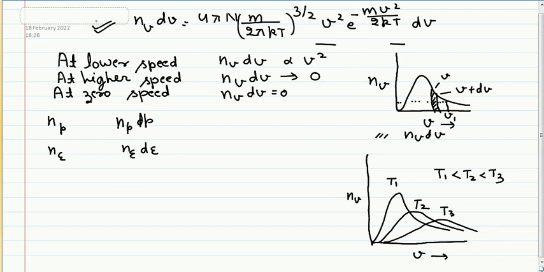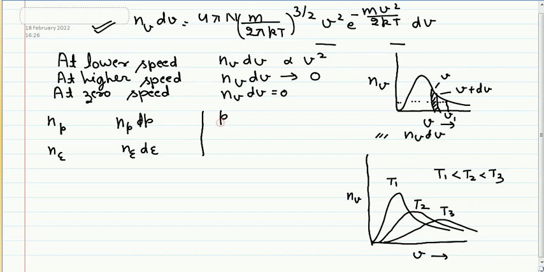Because we have the distribution function in terms of the velocity, using this distribution function we can derive the distribution functions N_p dp and N_E dE and also N_p and N_E. What we will do is substitute the v terms in terms of the momentum or in terms of the energy.